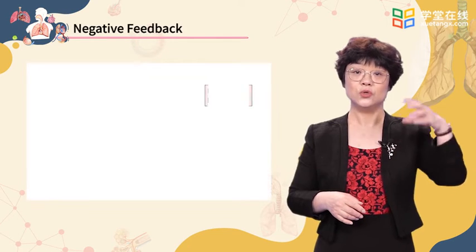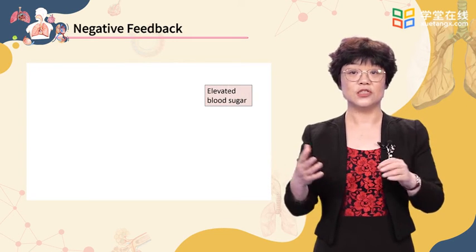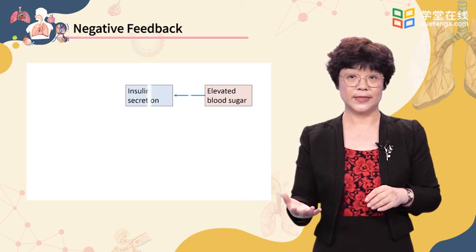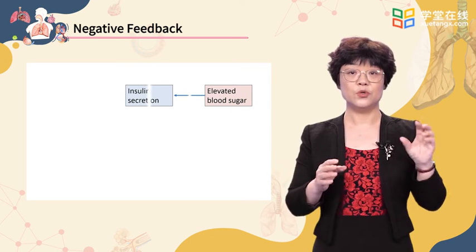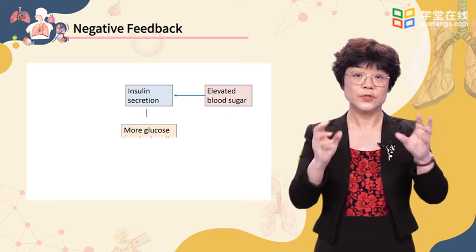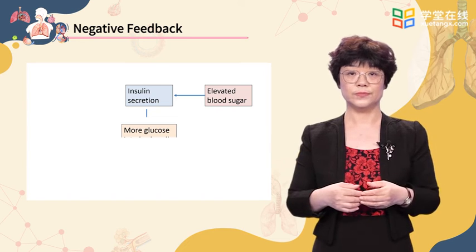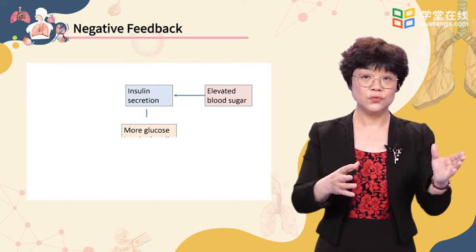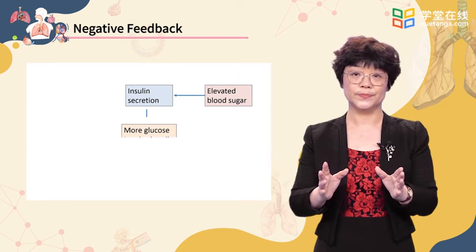Another example of a negative feedback mechanism is the control of blood sugar by insulin. As blood sugar rises, the pancreas starts to secrete insulin into the blood. Insulin in turn promotes body cells to absorb more glucose. And so glucose is removed from the bloodstream.